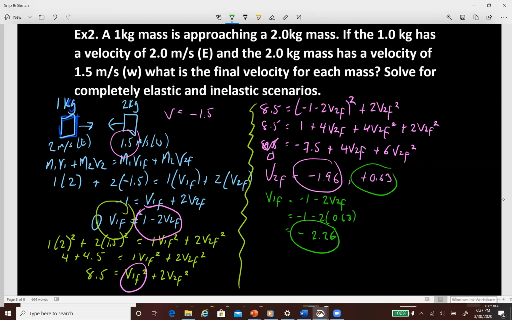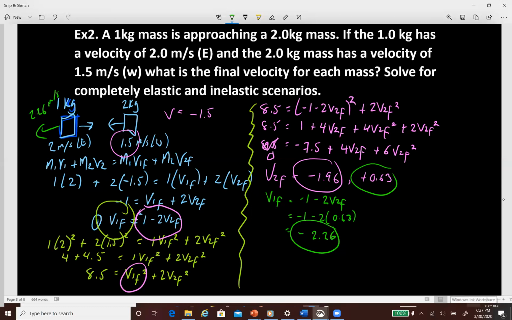So object 1 is traveling west at 2.26 meters per second, which makes sense because it is colliding with a bigger object. Therefore, after collision, it's probably going to be going west. Okay. All right, that's a lot of work.